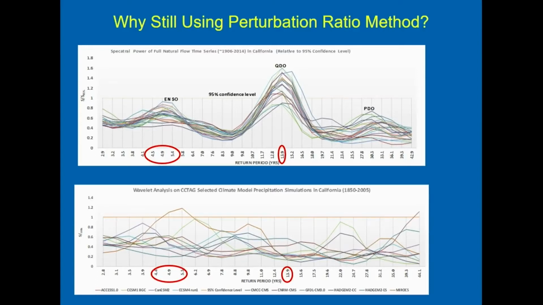This internal variability is very important to our water supply analysis because long-term drought, 5-year, 6-year long-term drought, came from QDO. So if GCM cannot generate the QDO signal and you put this GCM projection into the CalSim model, you have an issue. You cannot simulate the long-term drought effect on water supply well. This is my point.